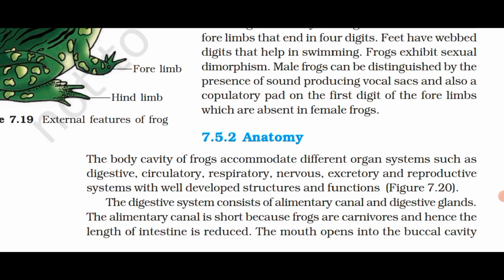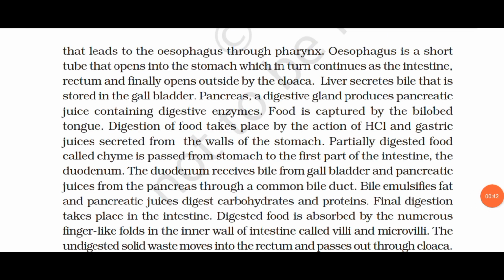The mouth opens into the buccal cavity that leads to the esophagus through the pharynx. Esophagus is a short tube that opens into the stomach, which in turn continues as the intestine, rectum, and finally opens outside by the cloaca.